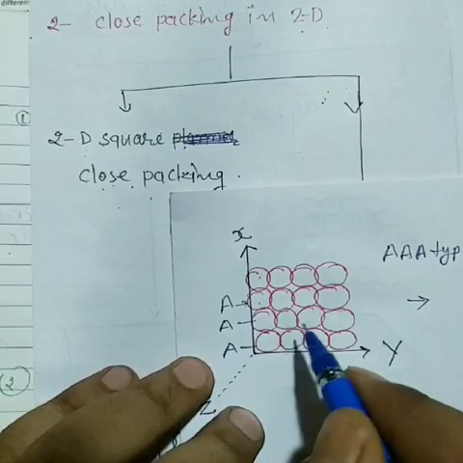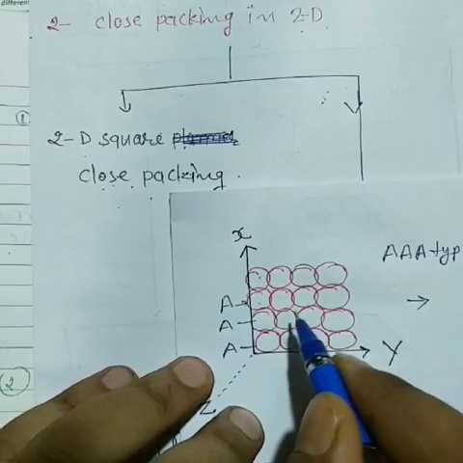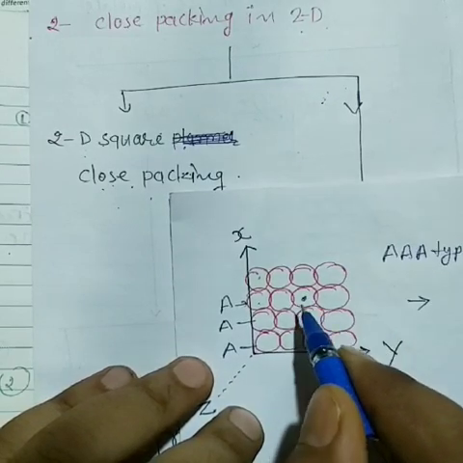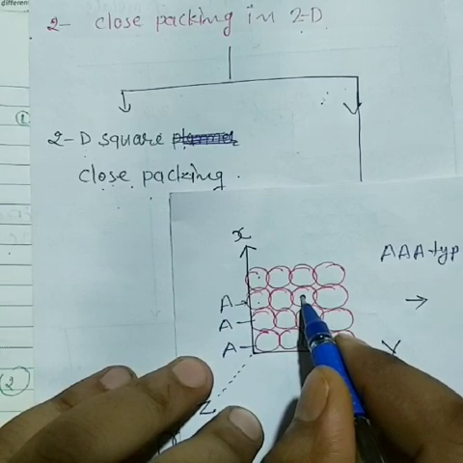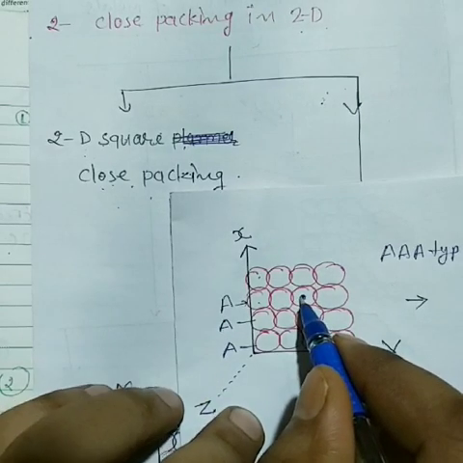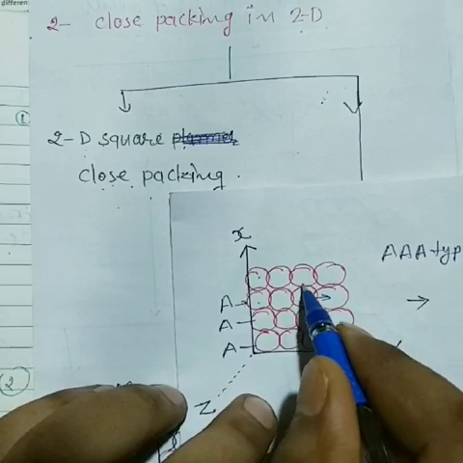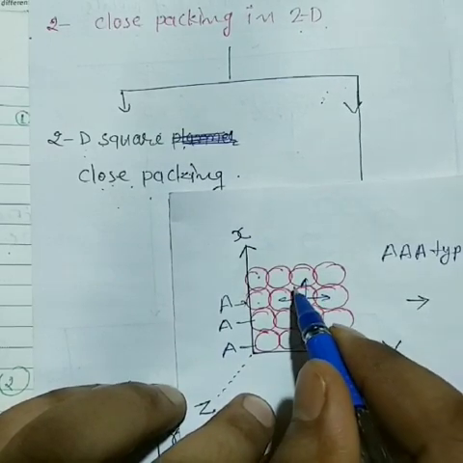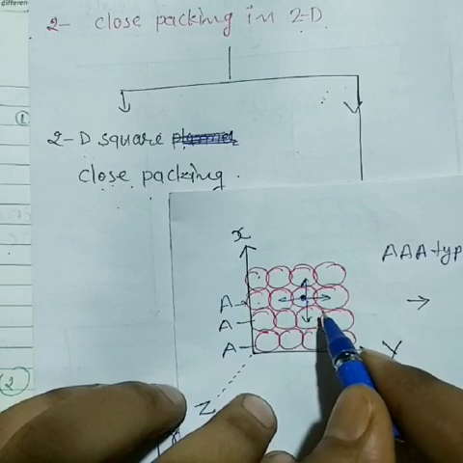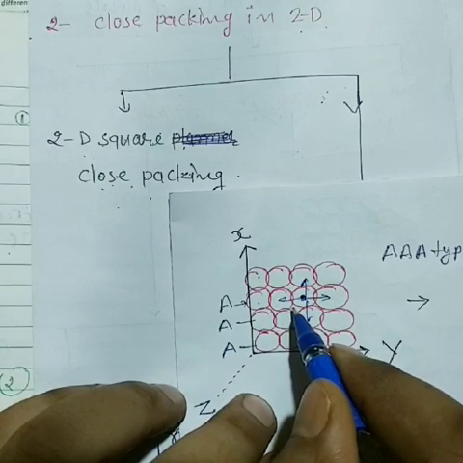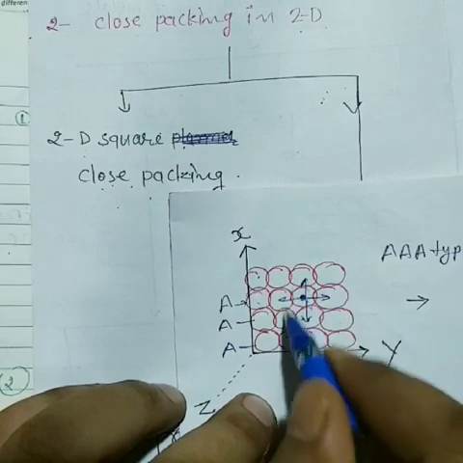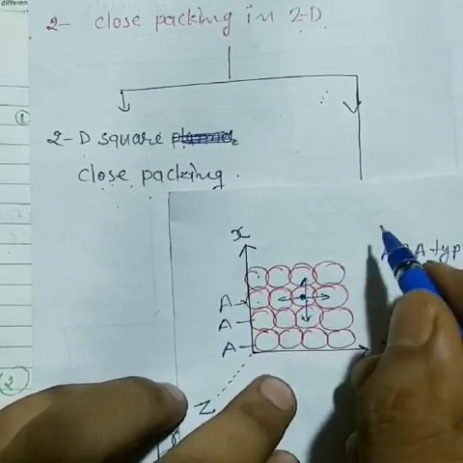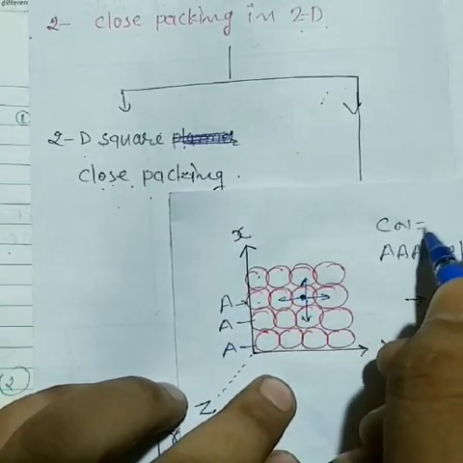Now if you see this atom, how many atoms does it touch? That means 4. Now it looks clear. Here there is space also, but these atoms touch each other, so the coordination number is 4.